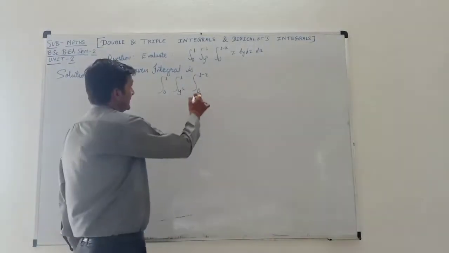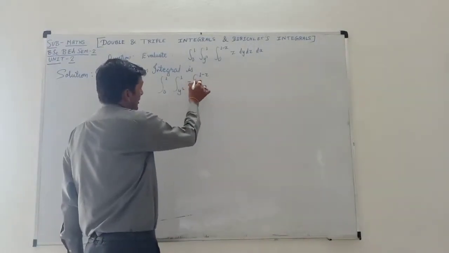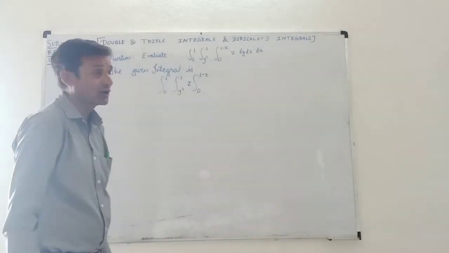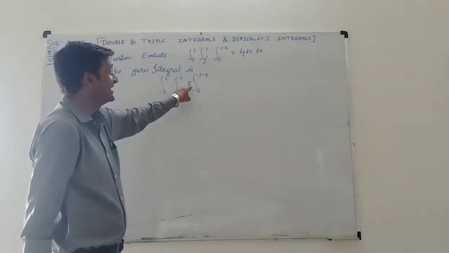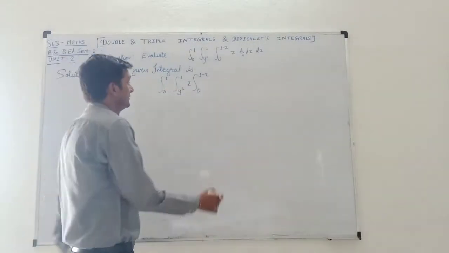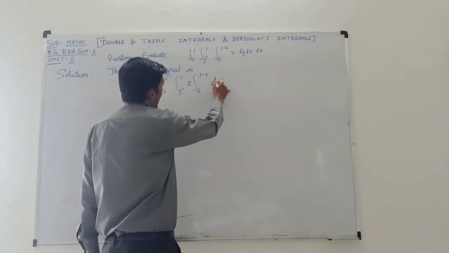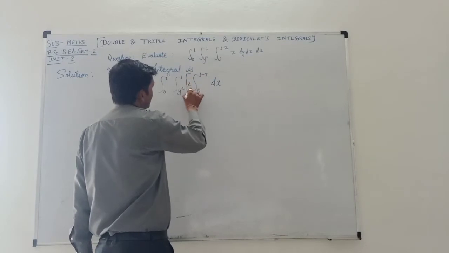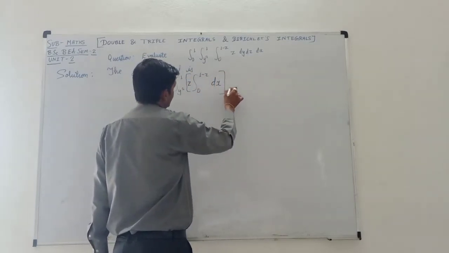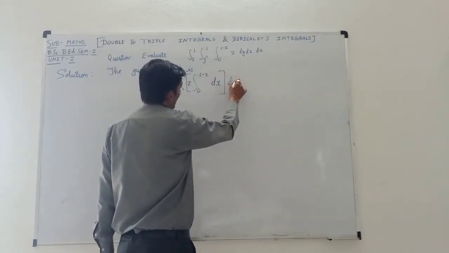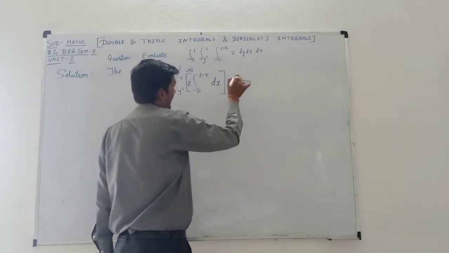So z you can take outside the integration sign because this z acts as a constant quantity with respect to x and then with respect to y, with respect to z, like this.